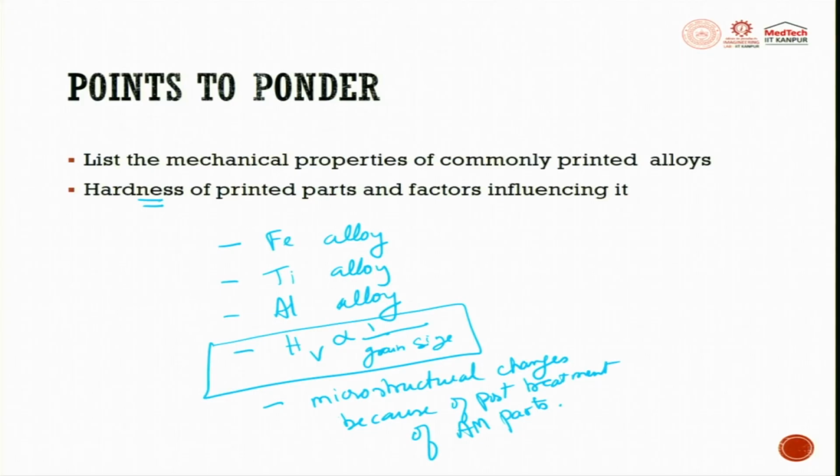This is very important. You can look at iron, titanium and aluminum alloys, because titanium and aluminum alloys are used exhaustively in the automobile industry. Titanium is used exhaustively in the aerospace industry and in the medical industry, and iron alloys are generally used for heavy engineering applications and for rapid tooling.